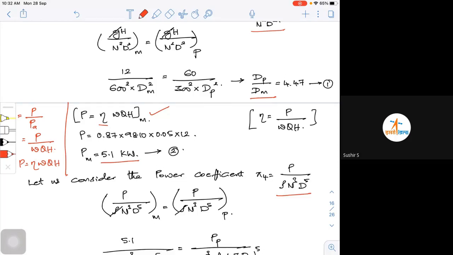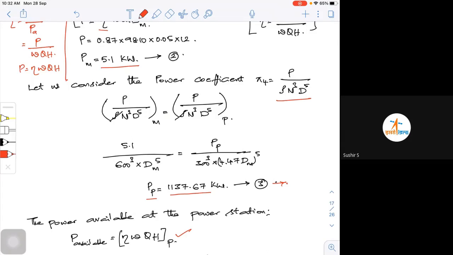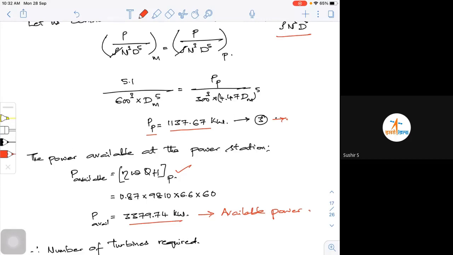From that, if I calculate the power from the power coefficient, I am getting around 1140 kilowatts. But what is the available power? It's around 3,380. Now, available power to your prototype power, what you have built. See, your model is on one side, your prototype is on the other side. So to utilize the complete power which is available, I need 3 prototypes. So that's the meaning of it. Are you getting it? Okay, fine.